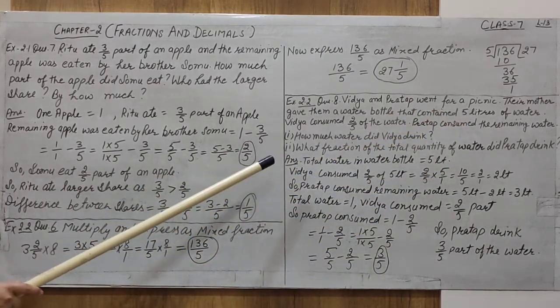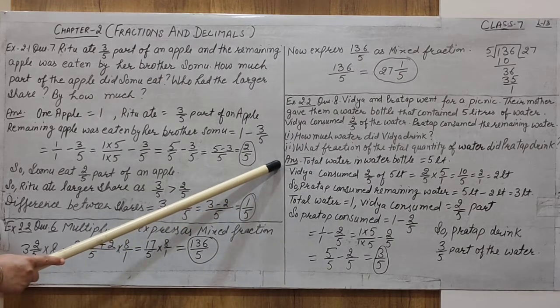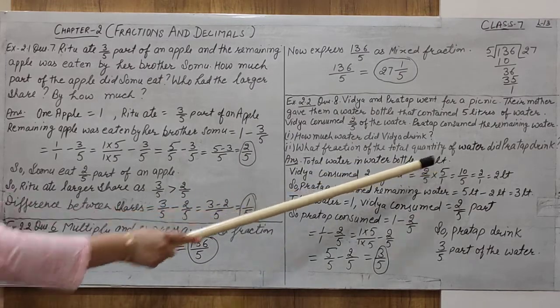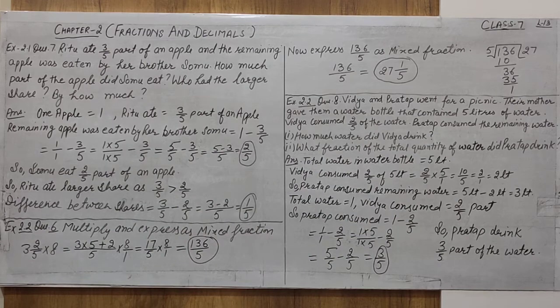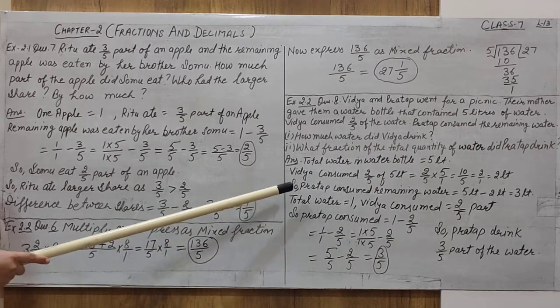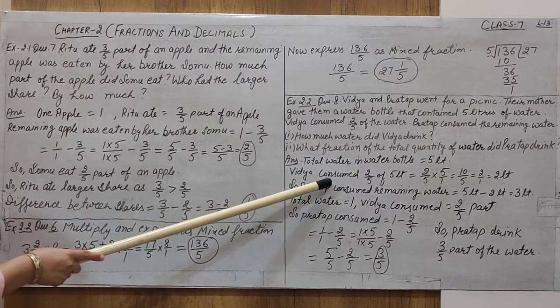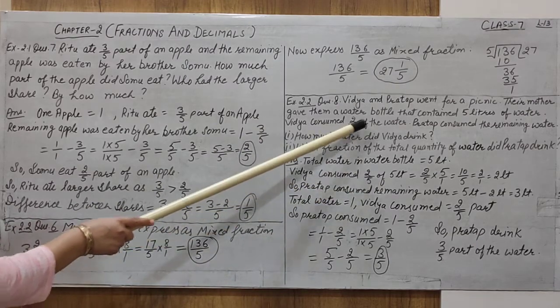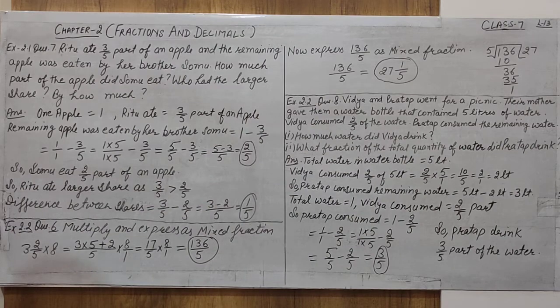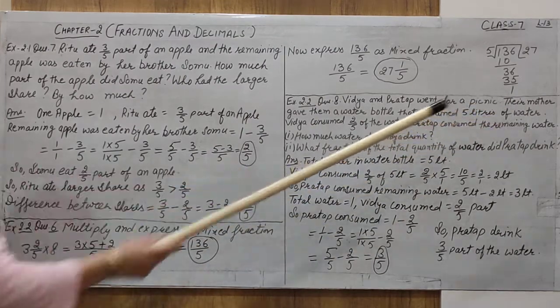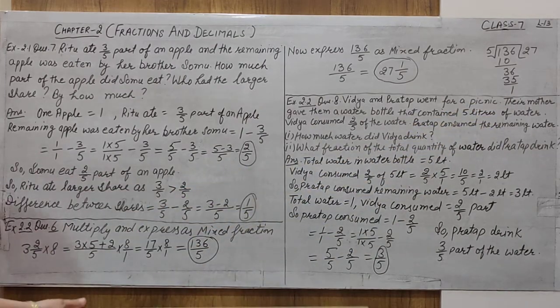Now, let us start the question. Total water in the water bottle is equal to 5 liters. Alright, this is given. Now, in the second line, it is given that Vidya consumed 2 by 5 of the water. Of the water means of 5 liters of water, because total water is 5 liters.